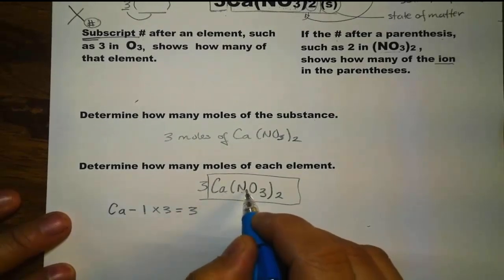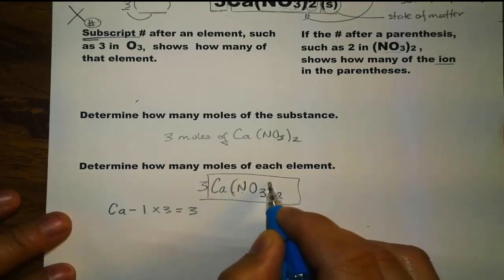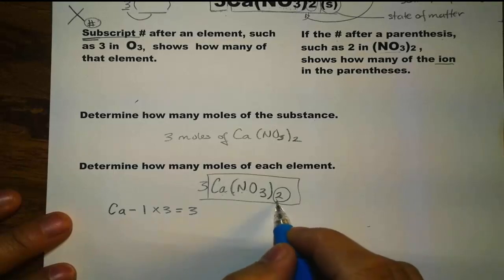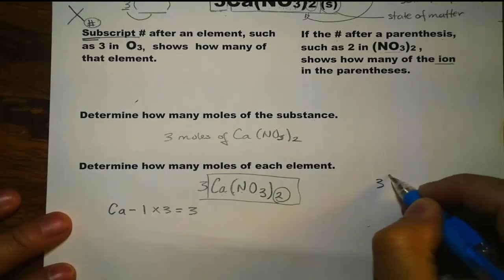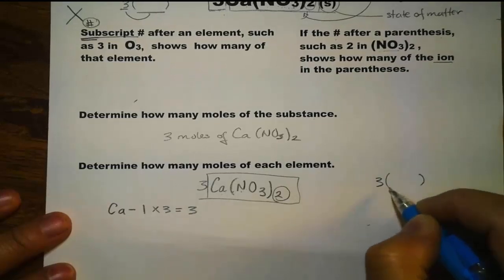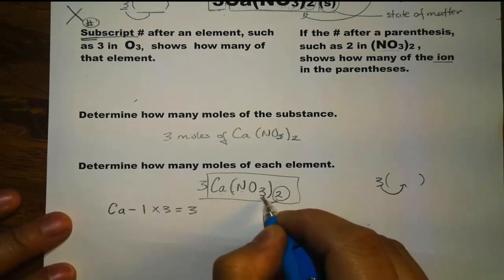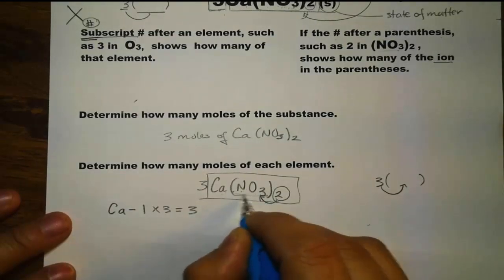So in this case, we have nitrogen. But look at this right here. That nitrogen is in the parentheses, and outside there is a number 2. And that number 2, again, think of math where we have a number outside a parentheses, right? We have to distribute it in. But in this case, we're using the subscript outside, because that 2 right there tells you there are 2 of this.